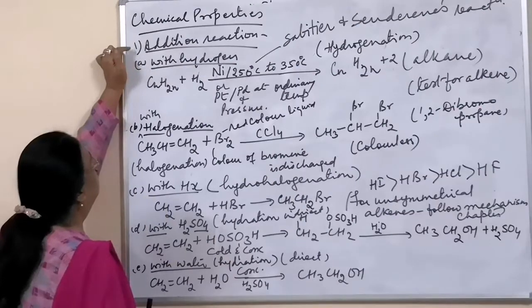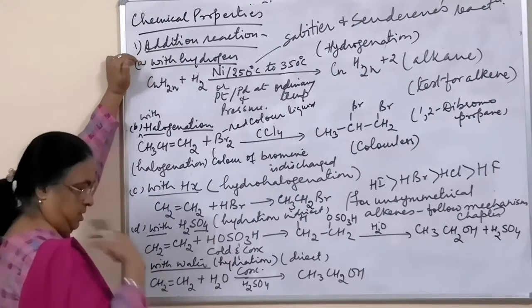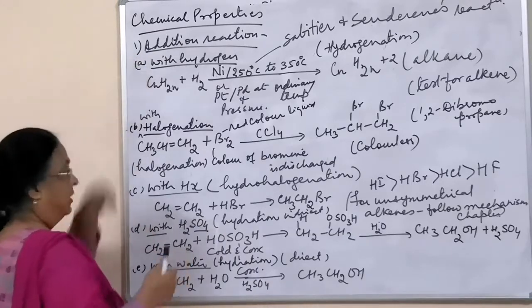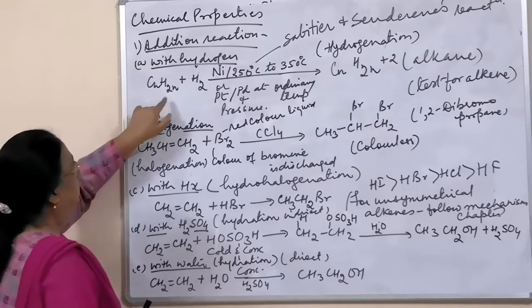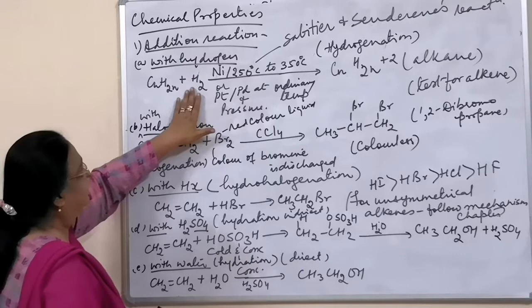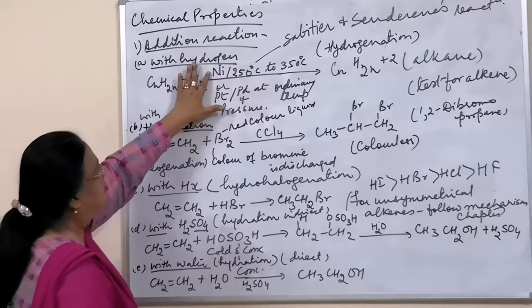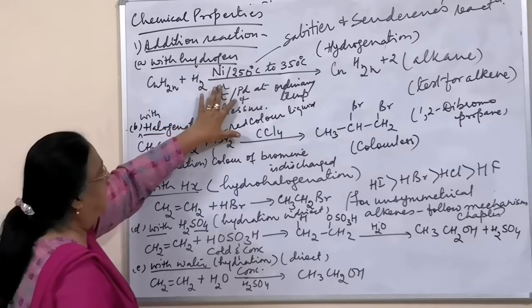Now chemical properties. Since it is unsaturated, they undergo addition reactions. First is with hydrogen. Alkene on treatment with hydrogen, also called catalytic reduction, in the presence of nickel or platinum or palladium.